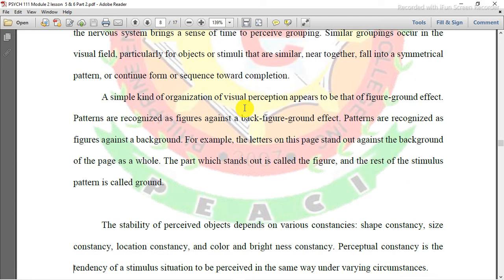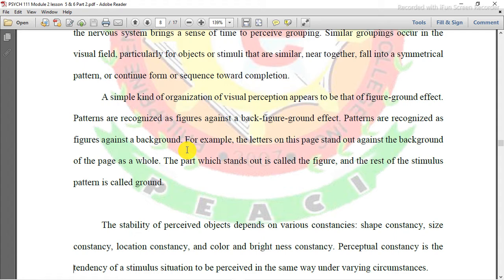A simple kind of organization of visual perceptions appears to be the figure-ground effect. Patterns are recognized as figures against a background. So, sabi dito, no, patterns are recognized as figures against the background. So, depende yan sa'yo, especially may taong nakatayo sa isang building, no, both mo daw mapapansin yung figure, tao or yung building.